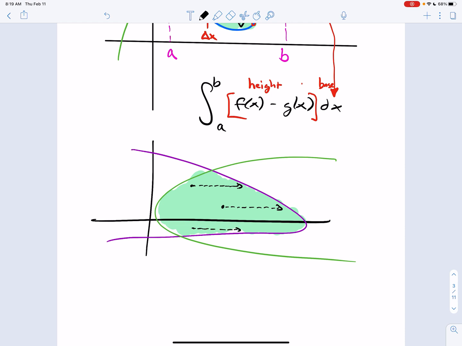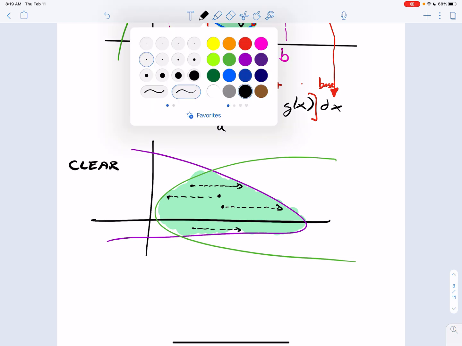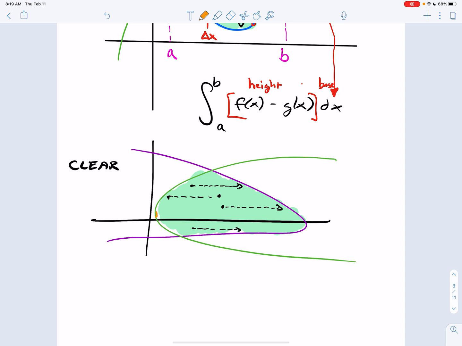There's a clear right function. Similarly, if I stand anywhere and walk to the left, it will always be that green function. So there's a clear right and left function here. So what we're going to do is shift our perspective and think of horizontal rectangles.